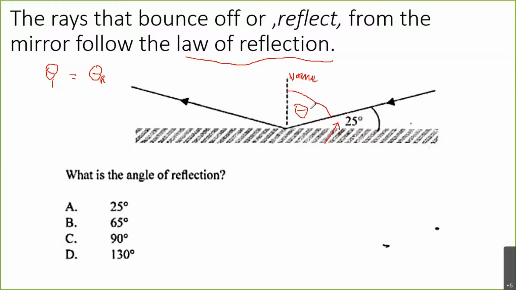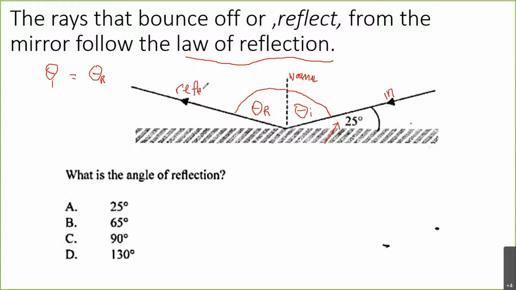Okay? And the angle of reflection is between the normal and the reflected ray. Okay? So this one that goes in is the incident ray, and this one that comes out is the reflected ray.